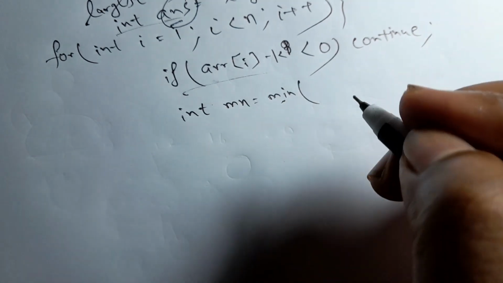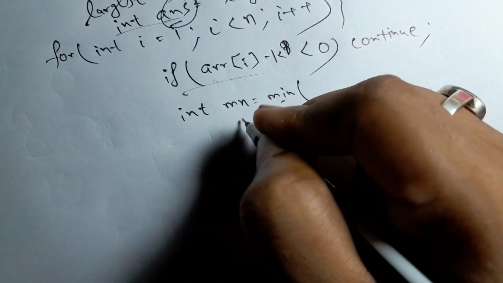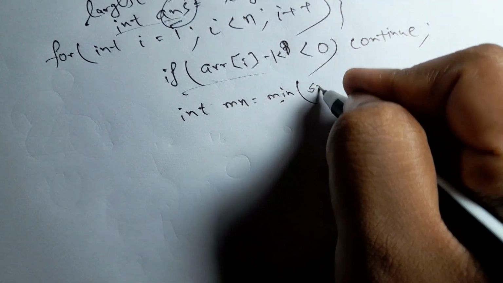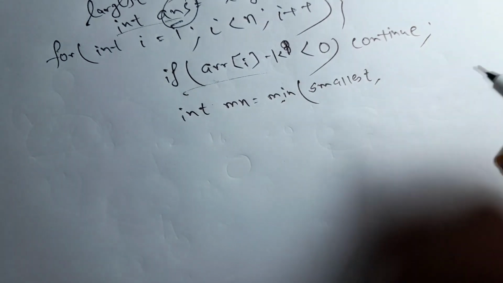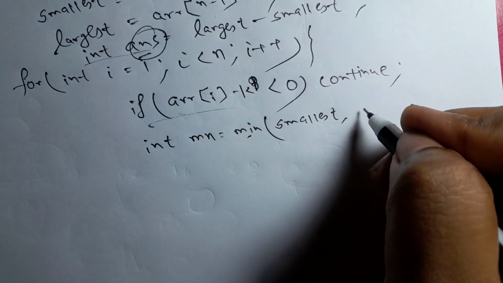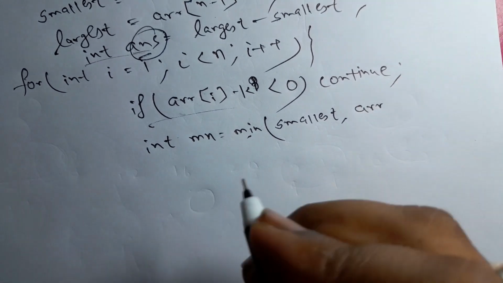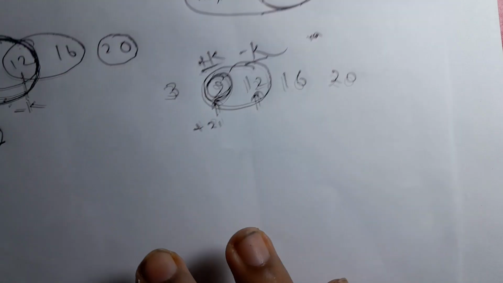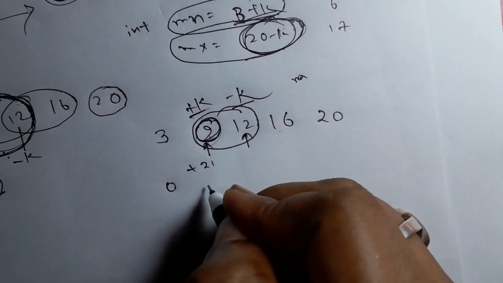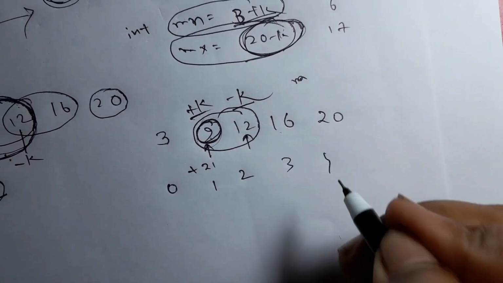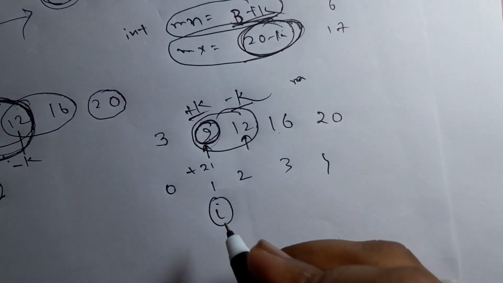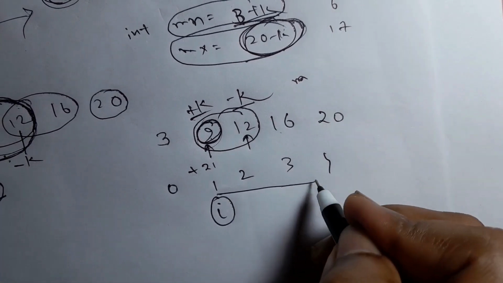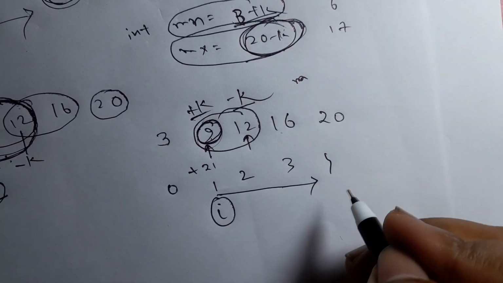First we will do the smallest one. Int minimum equals to min of smallest comma array of I. Okay, we are here, array I, 0 1 2 3 4. Here is array I, I equals to 1 to 4.